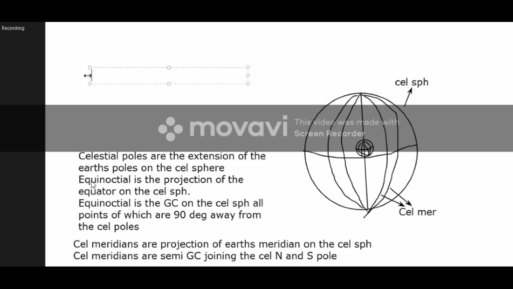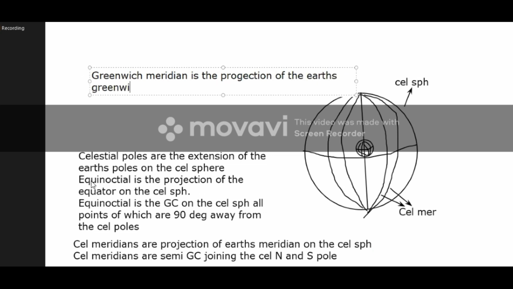Now we say Greenwich meridian is the projection of the Earth's Greenwich meridian on the celestial sphere.